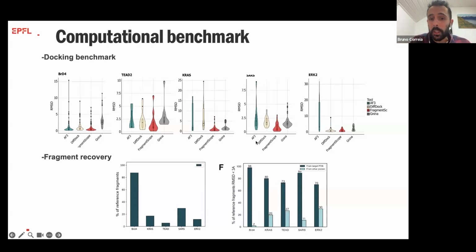And essentially what you see here is that the performance of this fragment docking type of algorithm is at least as good as all the others, and in cases probably slightly better.